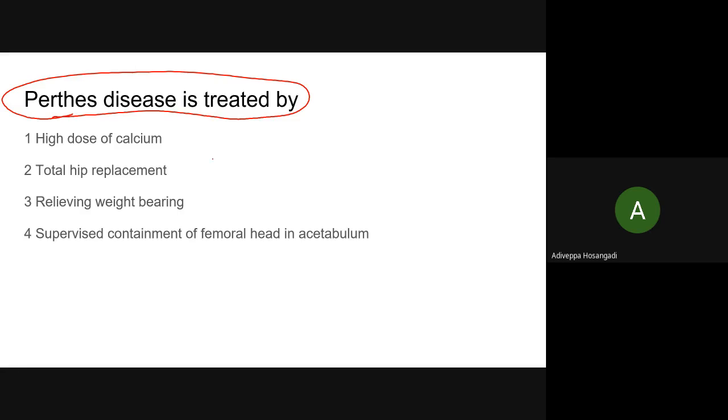So what is the treatment of choice? High dose of calcium, total hip replacement, relieving weight bearing, supervised containment of femoral head. Which one?